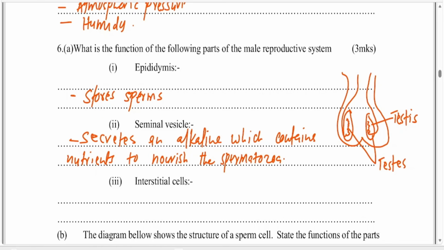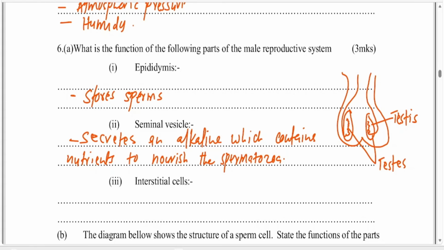As I have just said, we also have other accessory glands like the Cowper's gland, which also secretes an alkaline fluid that neutralizes the acidic urine in the urethra. It will also lubricate the urethra to allow easier passage of the sperm.